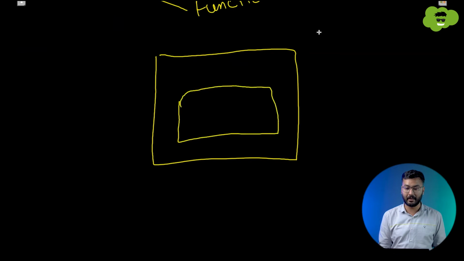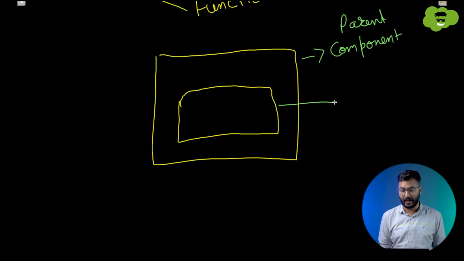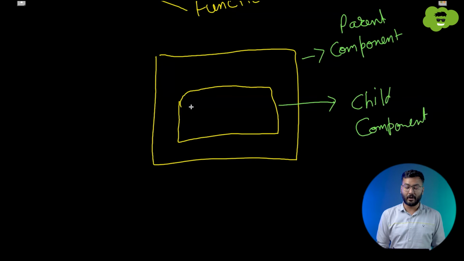So let me label them. This is a component, or you can say it is a parent component, and this is a child component. Now, let's suppose there is a field inside this child component, anything, the name field, age field, or any other thing.